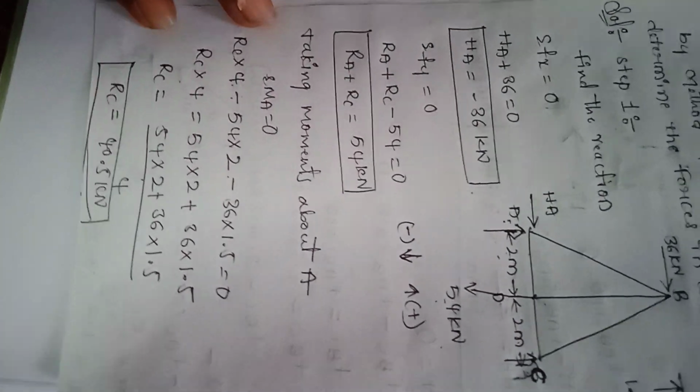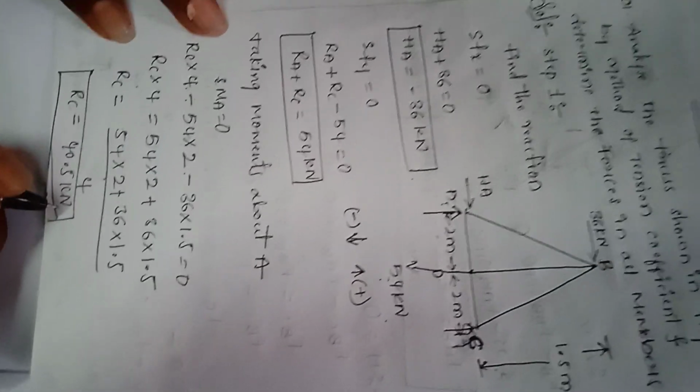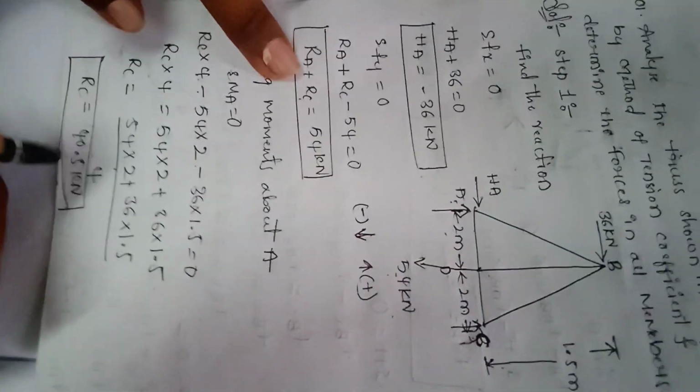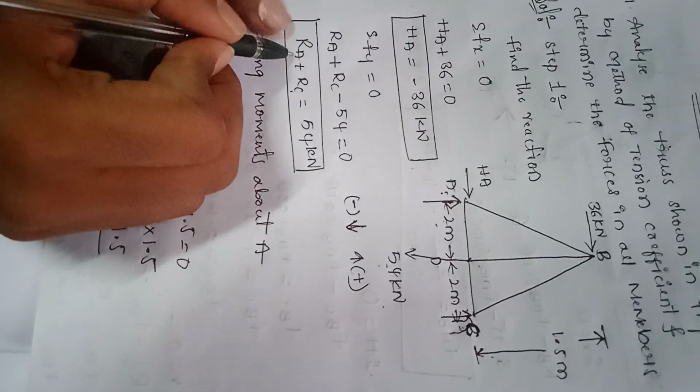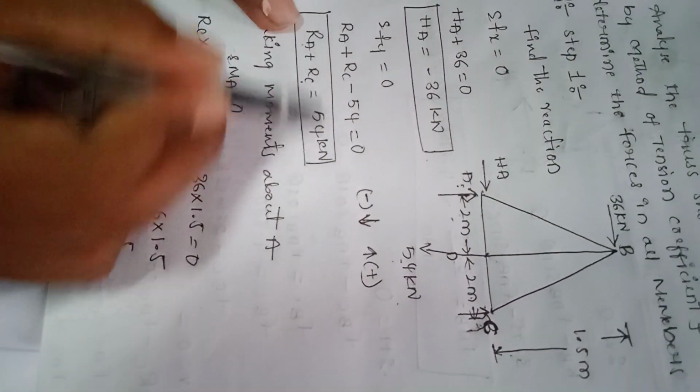I got the RC value, 40.5 kilonewtons. For getting the RA value, substitute this RC in the equation RA plus RC equals 54.